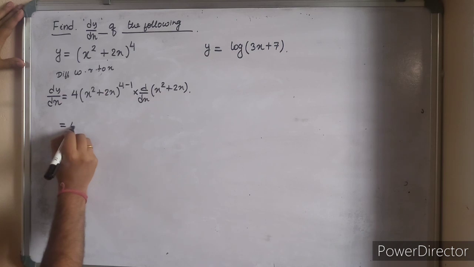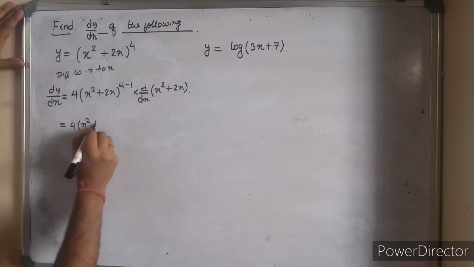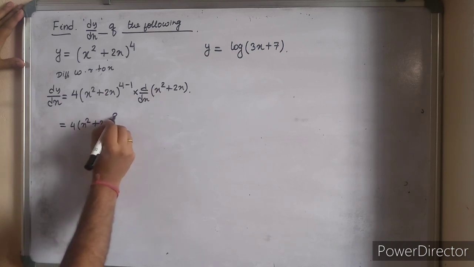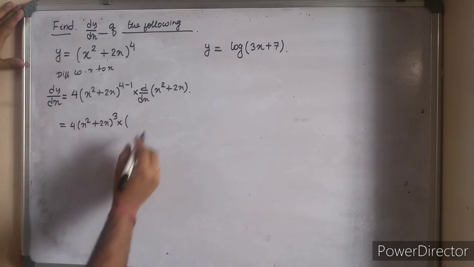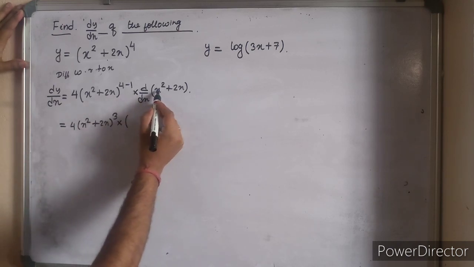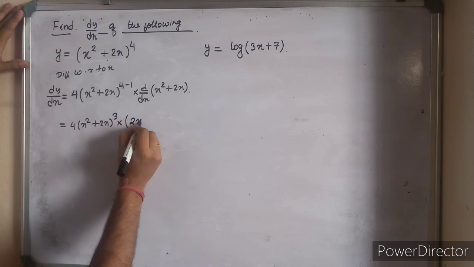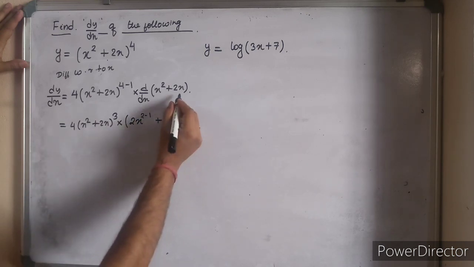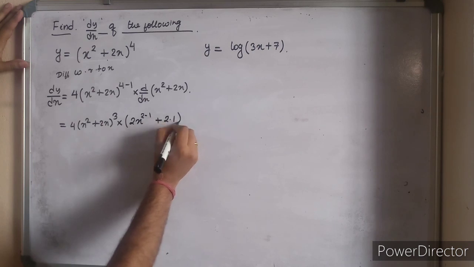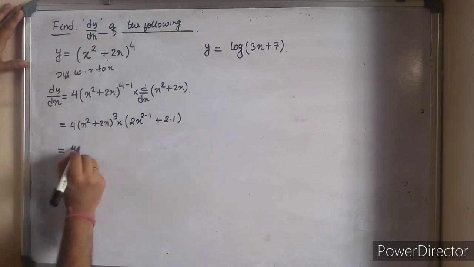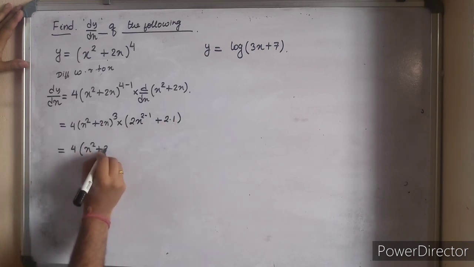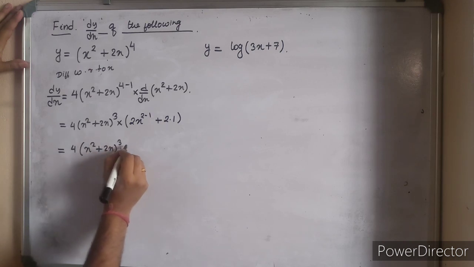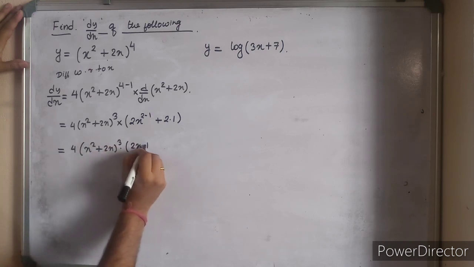So 4 (x squared plus 2x) to the power 3, into dy by dx of x squared, again using x to the power n, 2x to the power 2 minus 1, plus 2 times the derivative of x, which is 1. Now this becomes 4 (x squared plus 2x) whole cube into (2x plus 2).